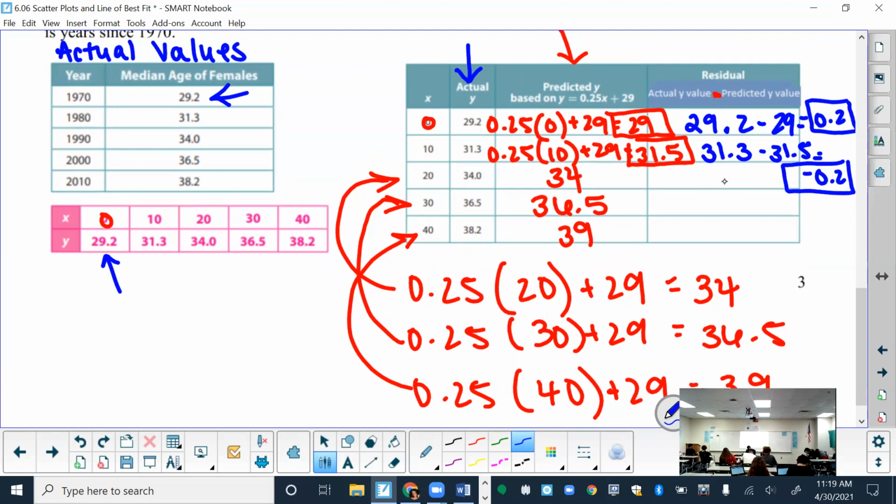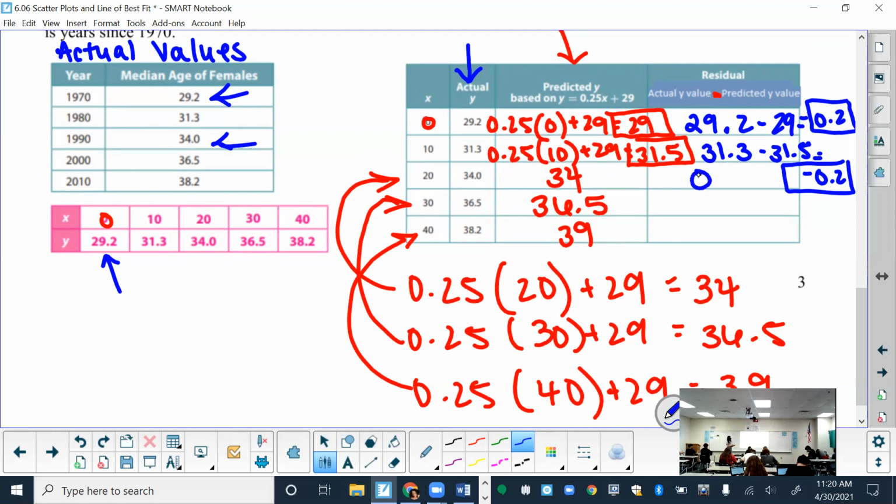Find the residuals for the next three: the actual values minus the predicted values. What's the residual for when x is 20? 34 minus 34, which is 0.